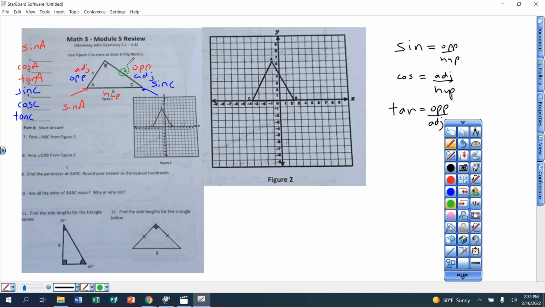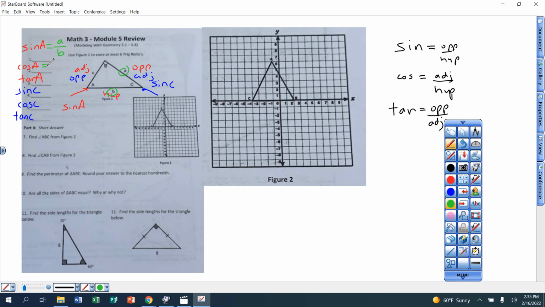Sine would be opposite over hypotenuse, so sine A would be the length of A over B. From this angle, A is the opposite side and B is the hypotenuse.